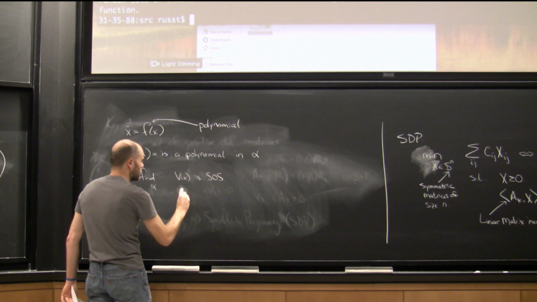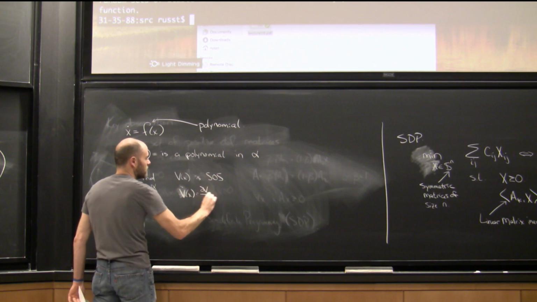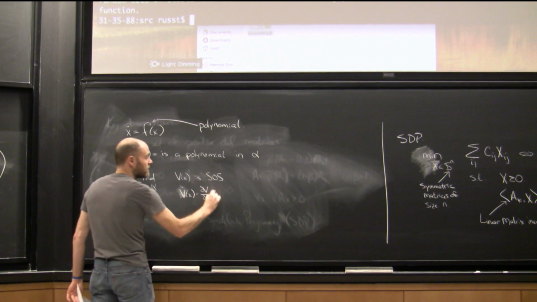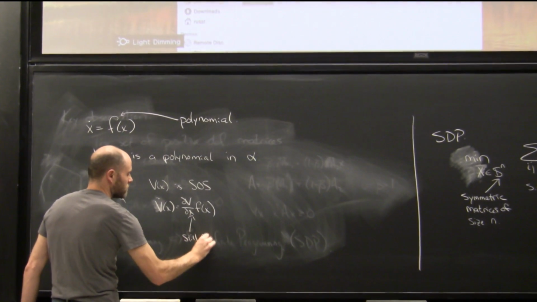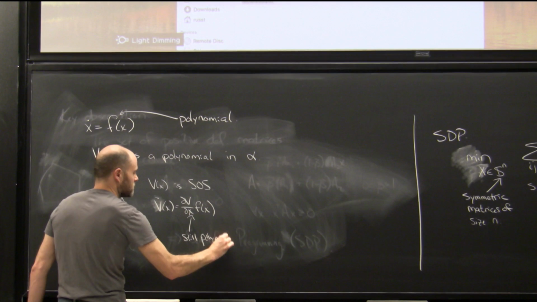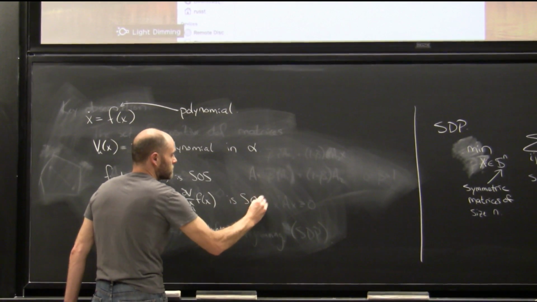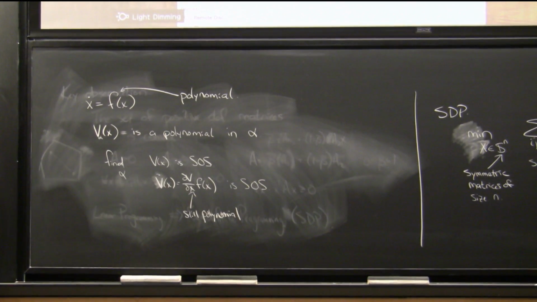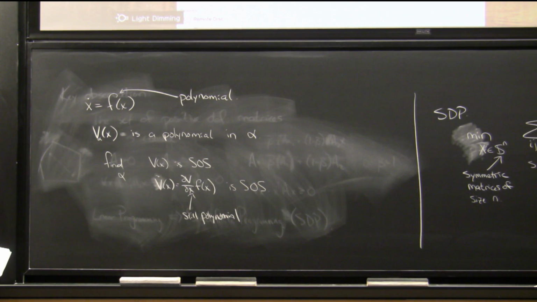So v dot of x, which is partial v partial x, f of x, that thing's still polynomial. That is now a question you can ask the solvers.